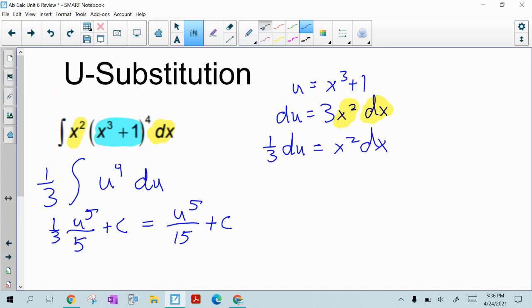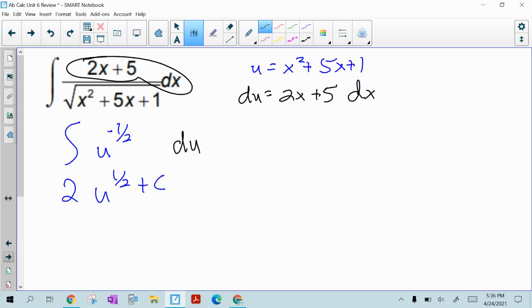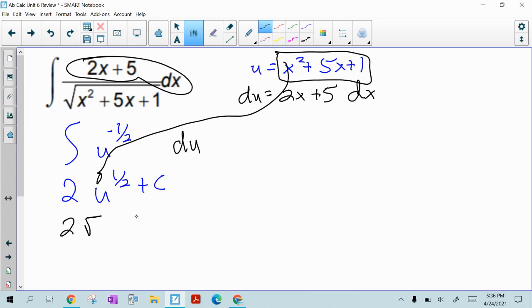Dang it, I got lazy. I forgot to sub back in. So x cubed plus 1 over 15 plus c, and I'm going to raise that to the 5th power. Same thing here, I need to make sure I sub in my expression. And so I'm looking at 2 times the square root of x squared plus 5x plus 1 plus c.